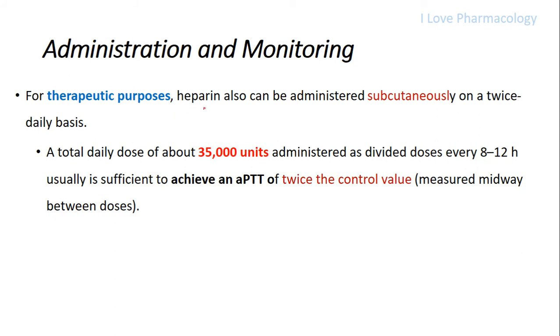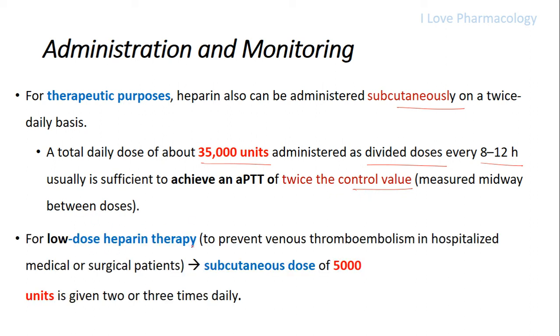For therapeutic purposes, heparin also can be administered subcutaneously on a twice daily basis. A total dose of about 35,000 units can be administered as divided doses every 8 to 12 hours, which is sufficient to achieve an activated partial thromboplastin time of twice the control values.